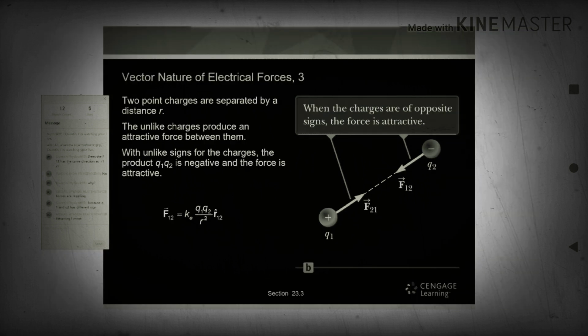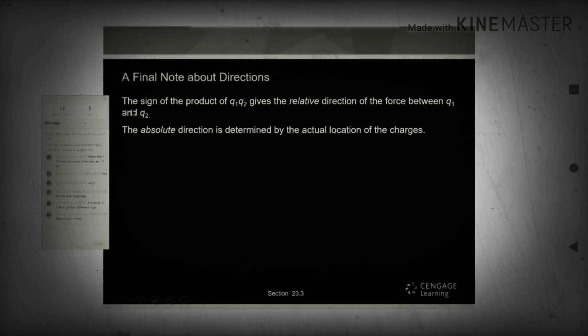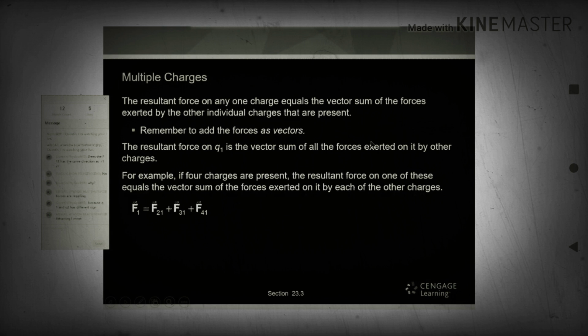So let me continue. The sign of the product Q1 and Q2 gives the relative direction of the force between Q1 and Q2. The absolute direction is determined by the actual location of the charges. What if there are multiple charges? If there are multiple charges, the resultant force on any one charge equals the vector sum of the forces exerted by the other individual charges that are present.